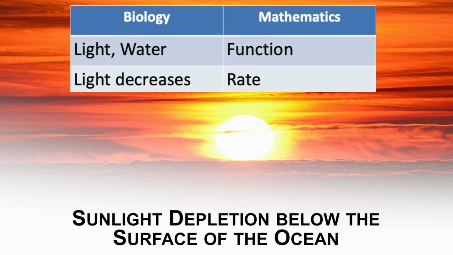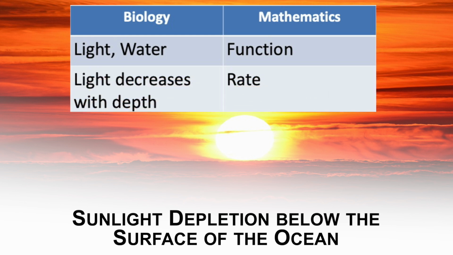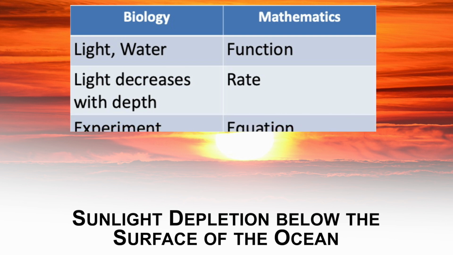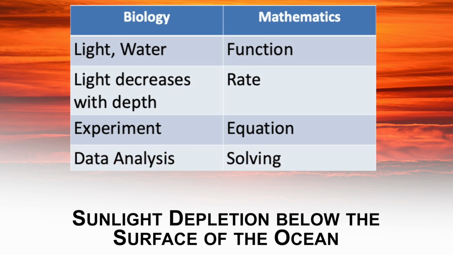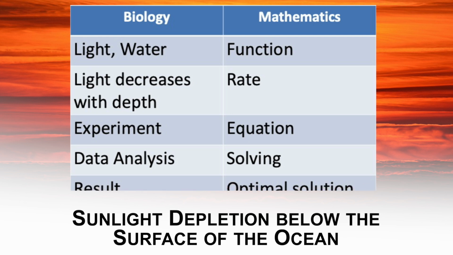Light and water are the variables, and they are transformed into a function, because light definitely passes through the water, and we know that there is a change in the speed of the light and also its distribution. Light decreases with depth, definitely this is the rate. Rate means calculus, because a certain function is changing with respect to time, therefore it is defined by rate.